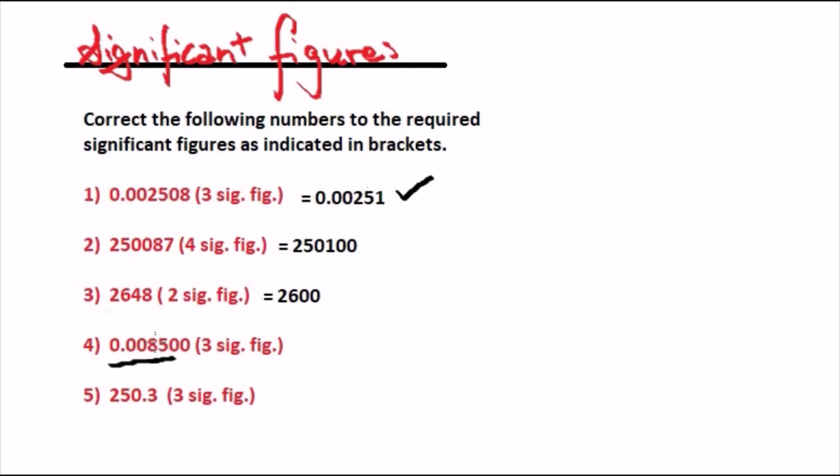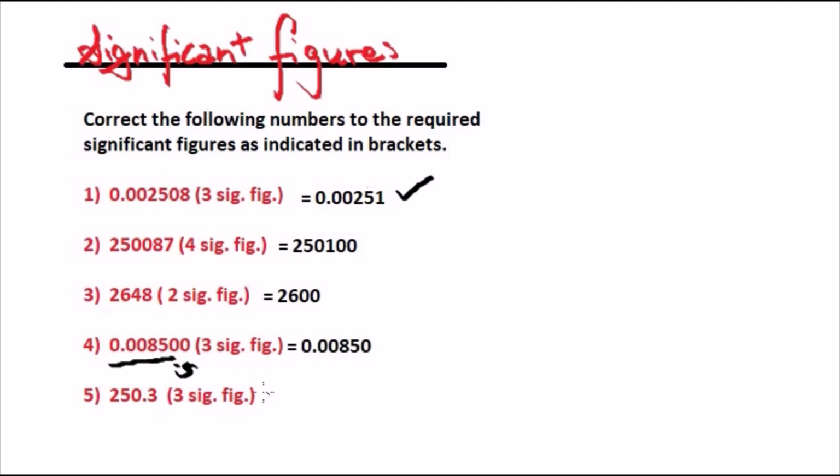So we ensure we write the placeholders, our leading zeros. They're not significant. Write our first significant figure, then our second, and any 0 after that will be significant. So we only want 3 significant figures, so we only put 1 0. And of course, we check the next one. The next one would have been just 0, so we maintain the 0 as it is. So this number has 3 significant figures.